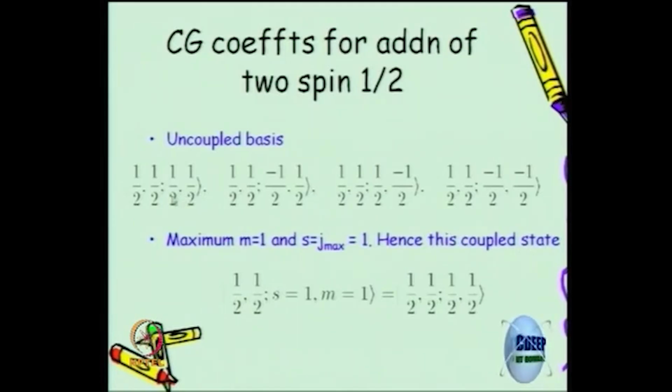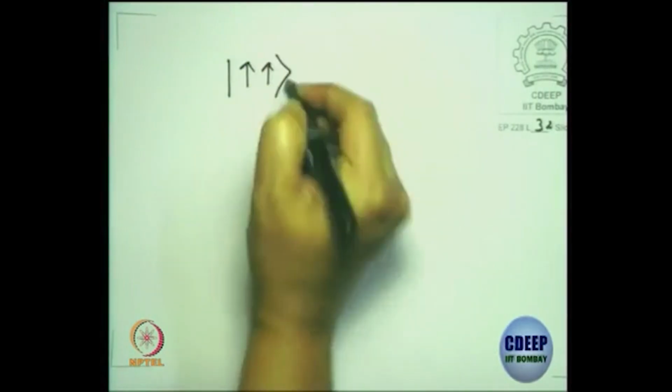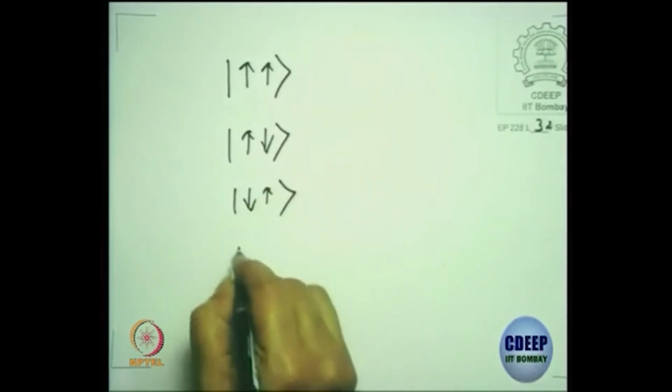What are the possibilities? M1 is half, M2 is half. M1 is minus half, M2 is half. M1 is plus half, M2 is minus half. What is the last one? Both being minus half. This is also important when you do quantum computers. So formally, we can suppress the J1 and J2 and write up up, up down, down up, and down down.